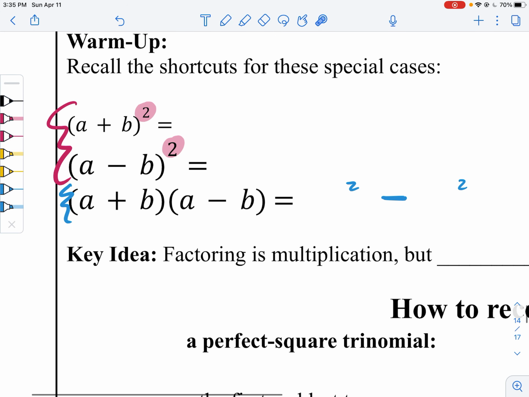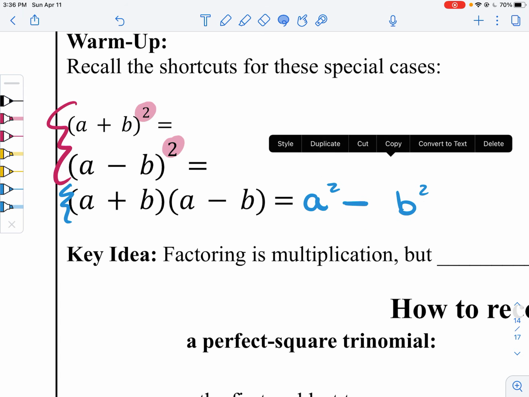Let's work backwards just for funsies. So the difference of squares is this guy, because if you FOIL it out, you'll end up getting a squared plus ab minus ab minus b squared, and that's it. So that's the shortcut that way.